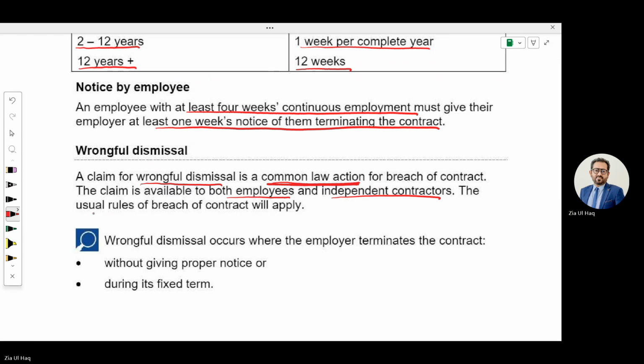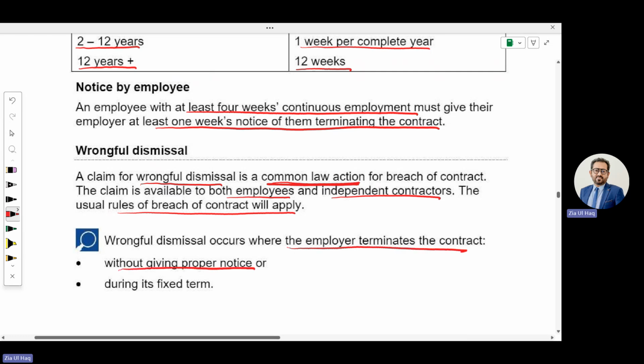The usual rule of breach of contract will apply. Wrongful dismissal occurs when the employer terminates the contract without giving proper notice or during its fixed term. For example, the contract is for 2 years and he has been dismissed after 1.5 years. So that is also called wrongful dismissal.